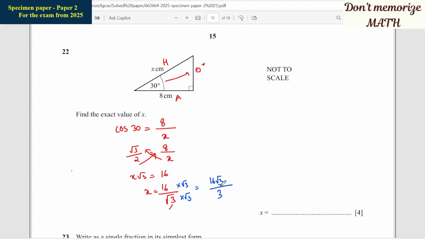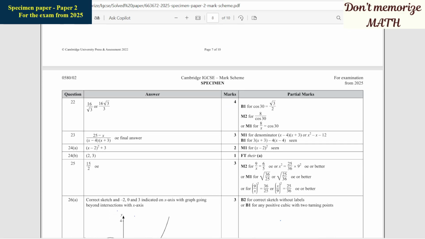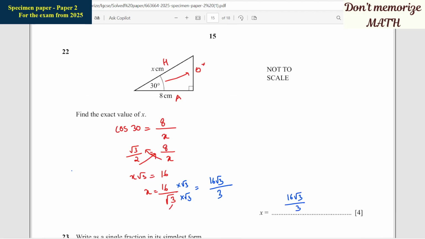This is an improper fraction, so you can change to mixed fraction and all. So this is enough. So 16 root 3 over 3 is the final answer. Let's see the marking scheme. So in the marking scheme, question number 22, yeah, 16 root 3 over 3. Here we have the option 16 over root 3. Normally, if you have surd in the denominator, you have to change it. Okay, I hope question number 22 is clear for you.